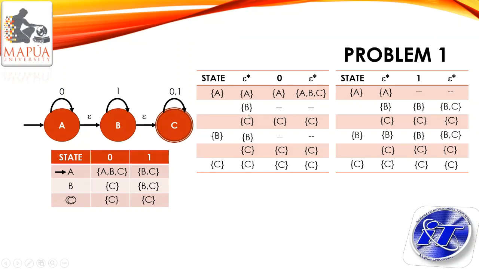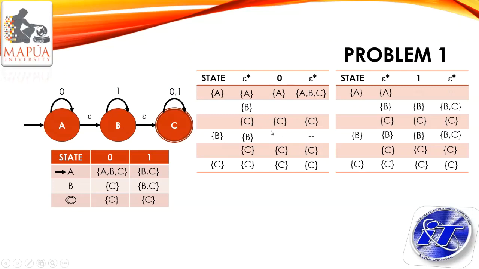While in B, if it's 0, nowhere to go, so just leave it blank or dash. And at C, if it's 0, it will just loop within itself. Since there's no epsilon transition going out of C, the next state will just be C. Let's move on with the B state.